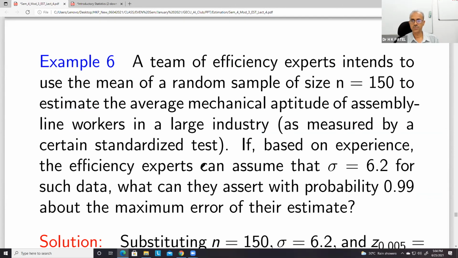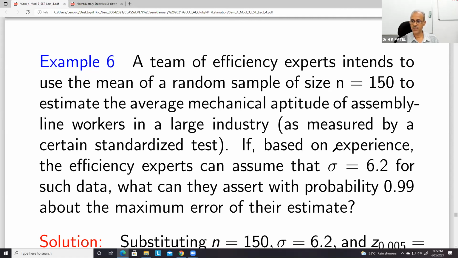So let us see this problem. A team of efficiency experts intends to use the mean of a random sample of size n equal to 150 to estimate the average mechanical aptitude of assembly line workers in a large industry.